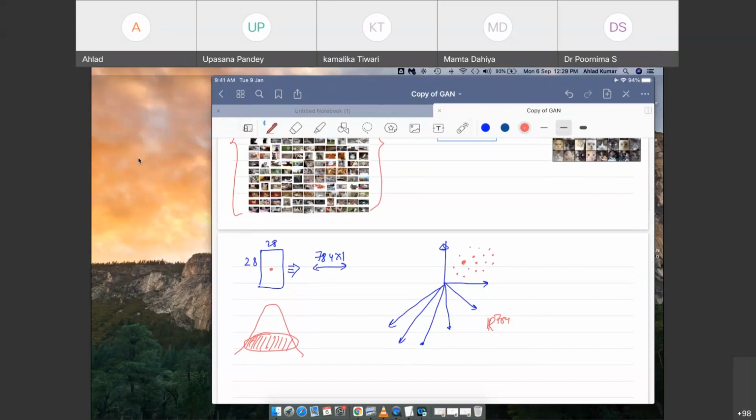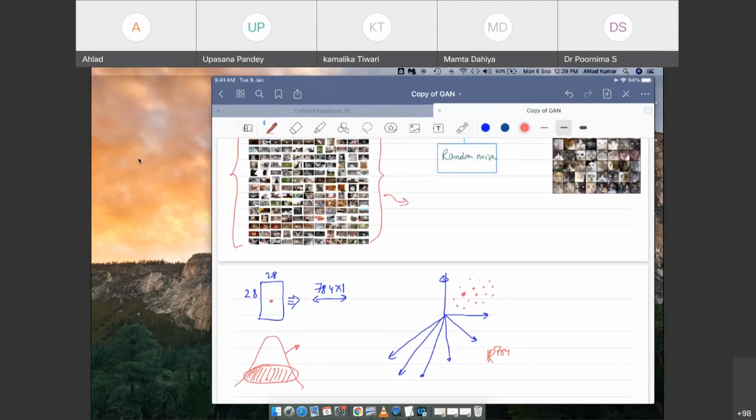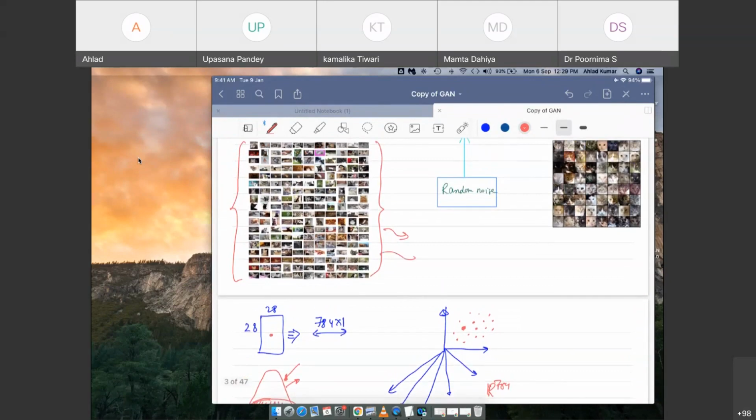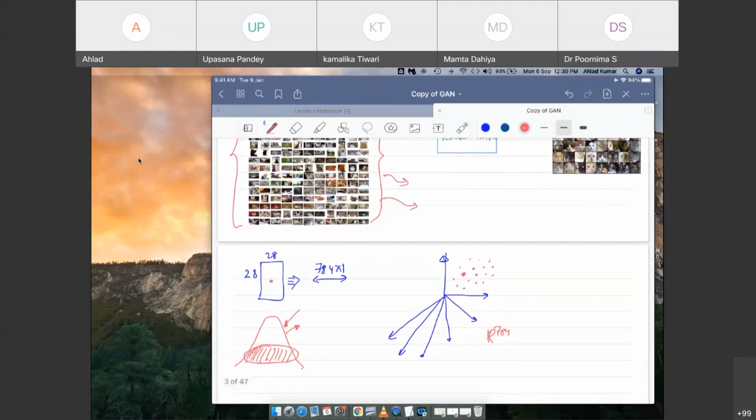It's not necessary that the distribution of these cat images is Gaussian. Right now, for ease, I have displayed it as a Gaussian distribution, but the training data set might have some random probability distribution like this. We do not know. The contour plot can be anything.